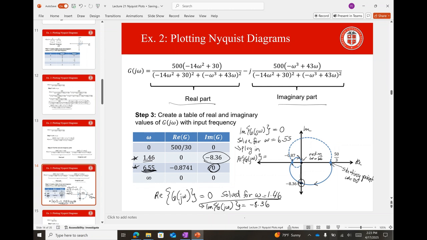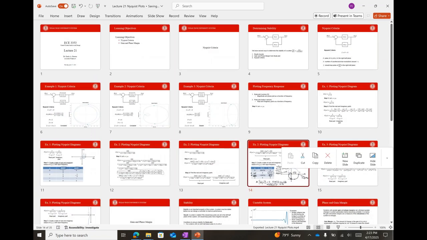When we do that, we get this negative 0.87. So that's where this point comes from. So we're going around, we hit this point, then we hit this point, and finally we end at this point. Sorry, I don't know how to do that.